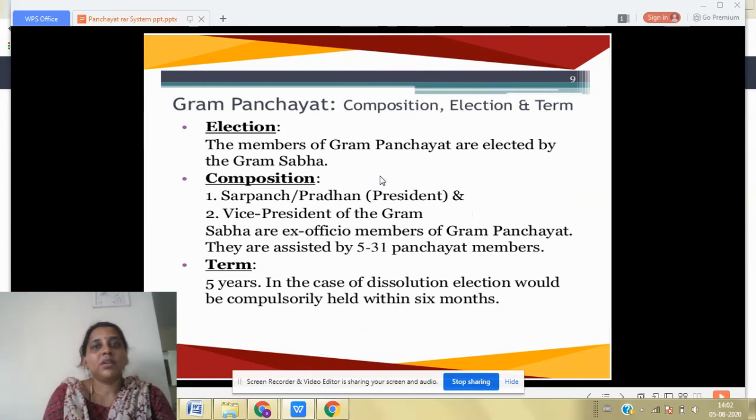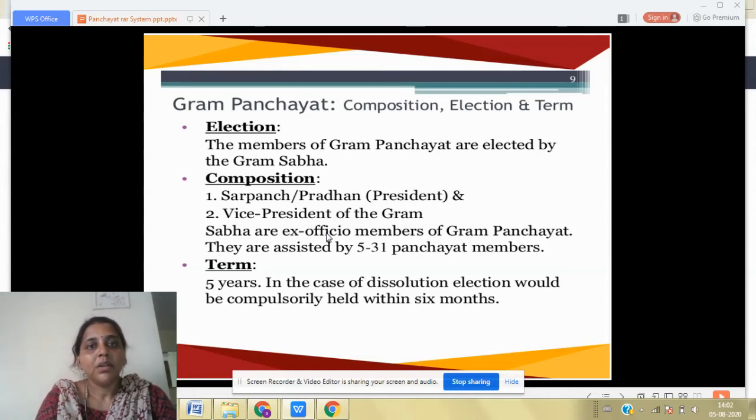Now, Gram Panchayat. What is the composition, election, and term of Gram Panchayat? The members of Gram Panchayat are elected by Gram Sabha. In the composition, the Sarpanch or Pradhan, President and Vice President of the Gram Sabha are ex officio members of Gram Panchayat. They are assisted by 5 to 31 Panchayat members.